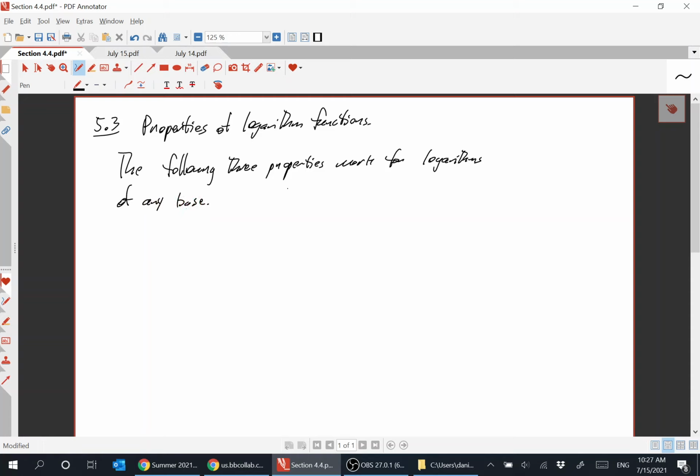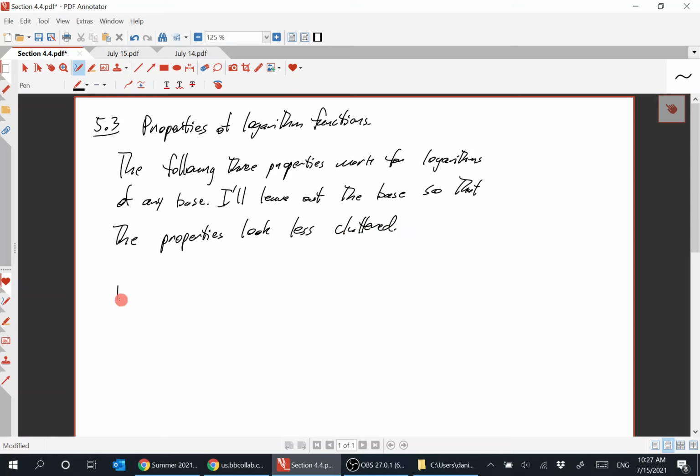Okay, I'll just leave out the base for now so that the properties look less cluttered.